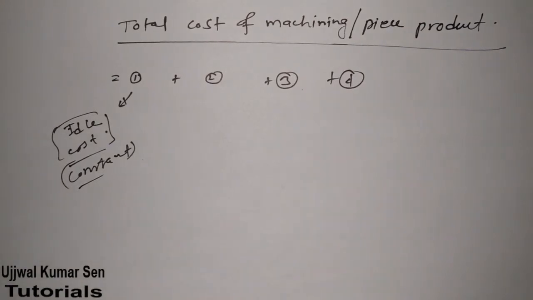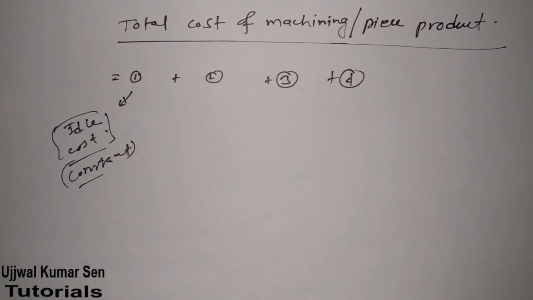Nowadays manufacturing industries are working 24 by 7, with people working in shifts. In any shift, how much time is the machine idle? Probably because of the sequence of machining process, and there may be many reasons, maybe breakdown. So we have to include that also: idle cost, that is, when the machine is idle.